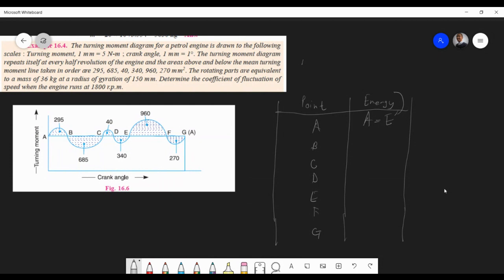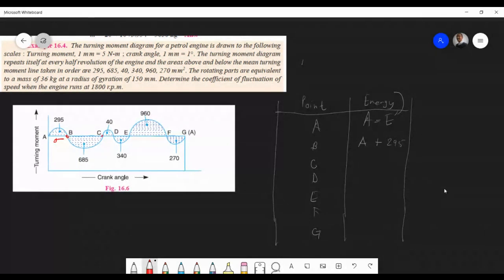So let's look at B. At B, how do we start? We say A plus 295. The reason for plus is that we've got a positive area there. At point B, we look at everything to the left. So at B it's A plus 295.